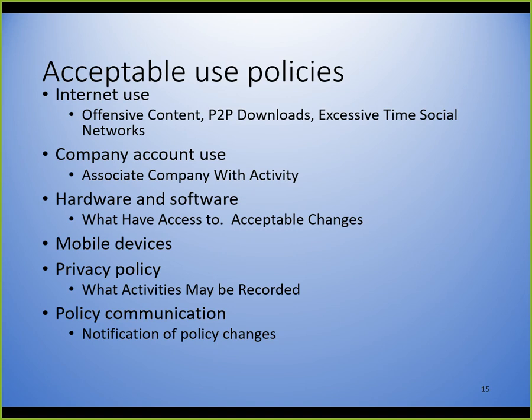Mobile devices: are they allowed, where are they allowed? You may have a situation where mobile devices are not allowed in certain secure areas. You don't want cameras and recording devices that can take photographs of different things in secure areas that you may not want the world to know about.